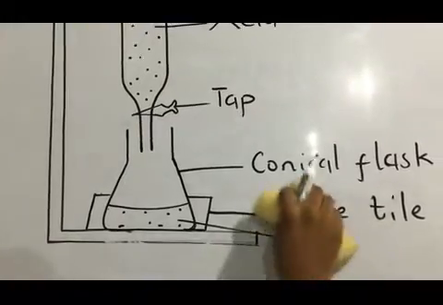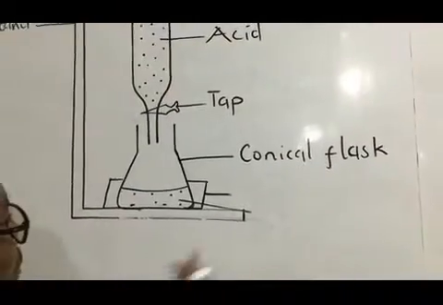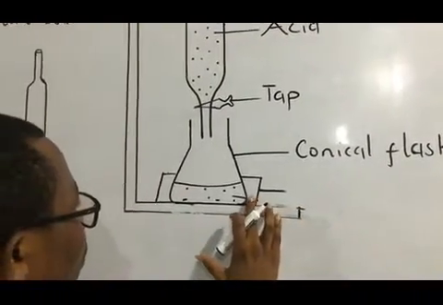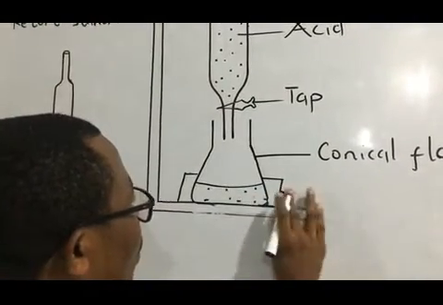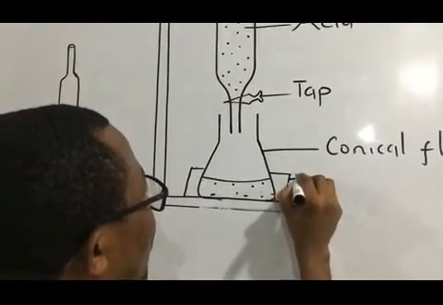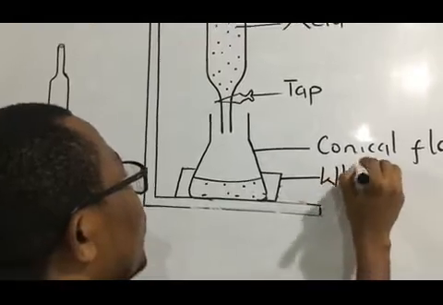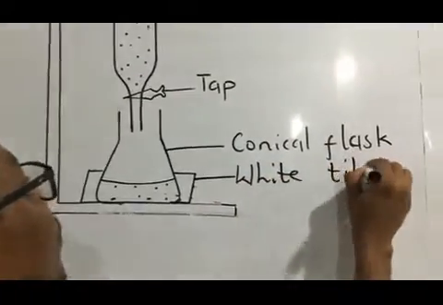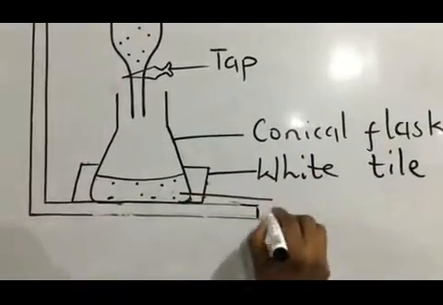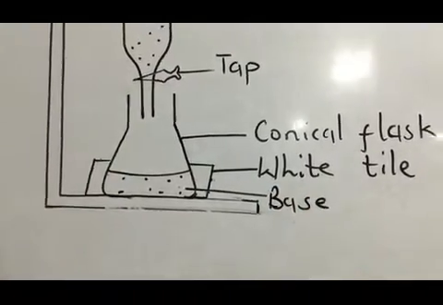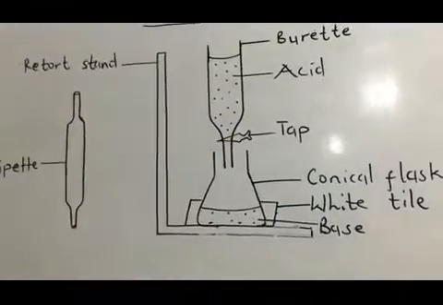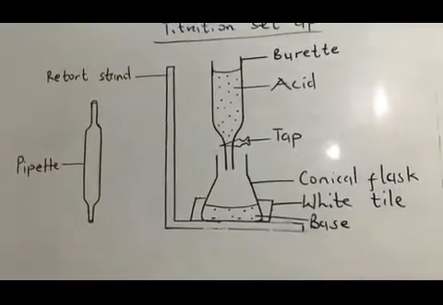Let me label it well. So this is a white towel. And then the solution in the conical flask is the base. And the solution in the burette is the acid.